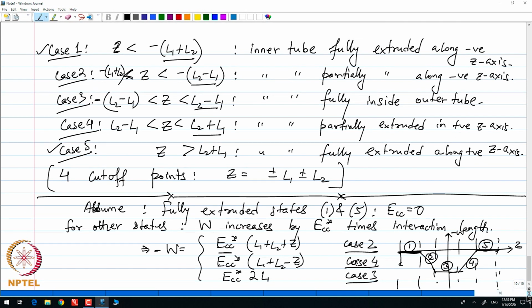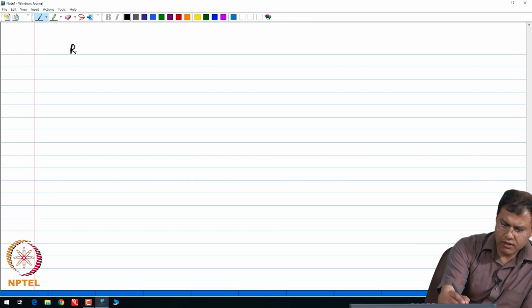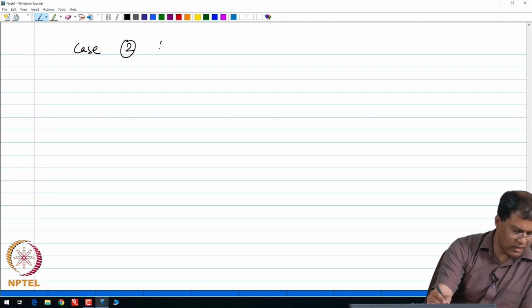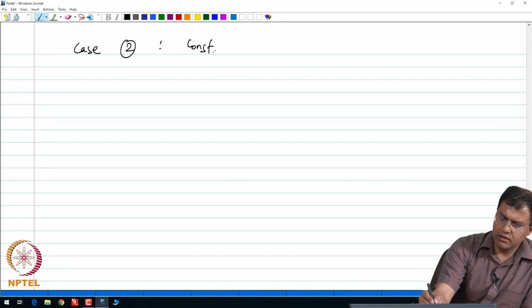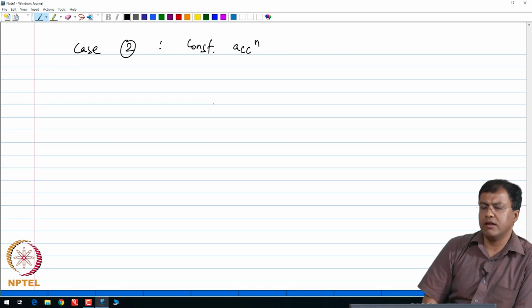So, what I have is the following. We have region 2, or case 2, which turns out to be the case of constant acceleration. We are going to measure or quantify this acceleration purely via Newtonian arguments.